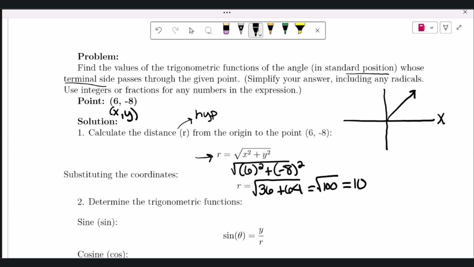So this is the initial position, and this is called the terminal. If you think about the words, initial means start and terminal means end. And that's all this is saying, is that we have an initial, which is on the x-axis, and then we have a terminal, and that's why we can say that we have an ordered pair x, y.